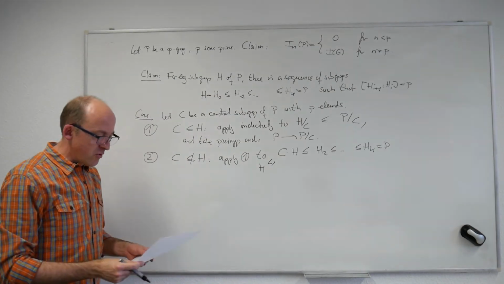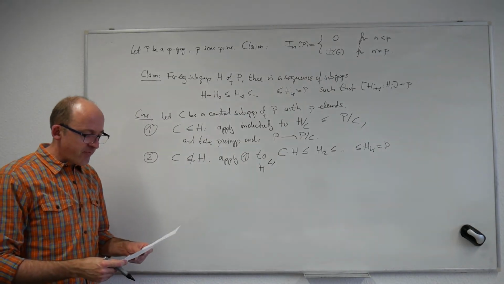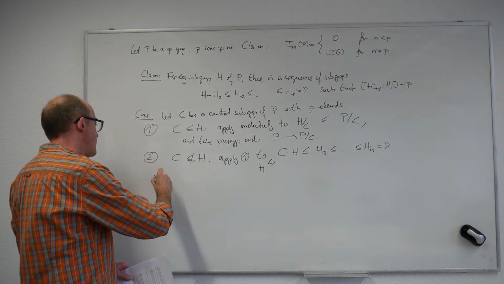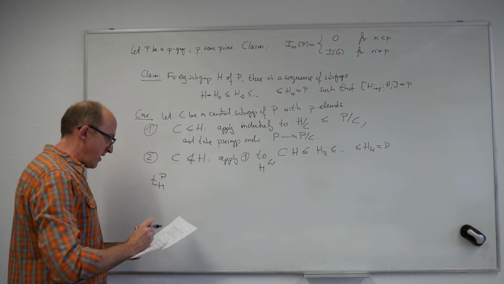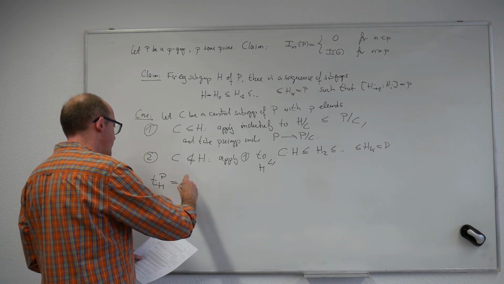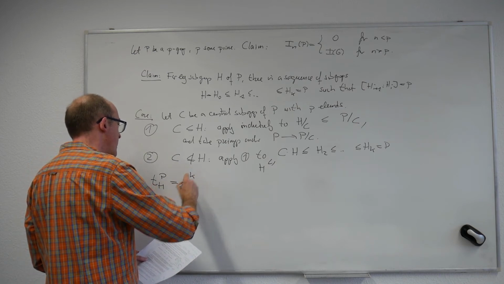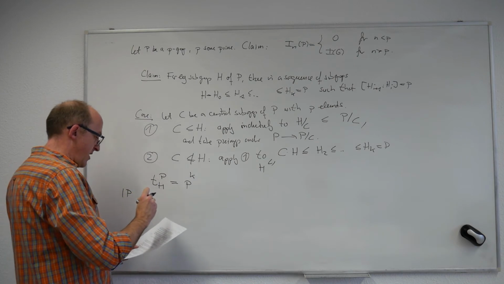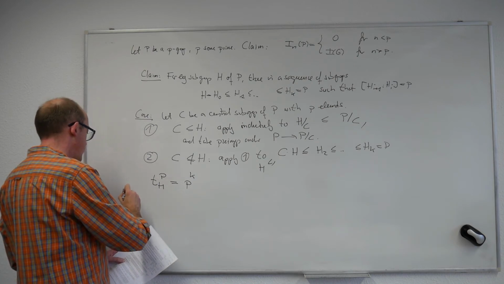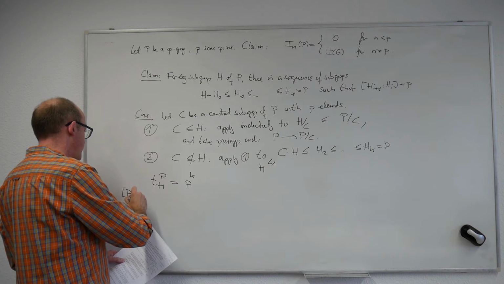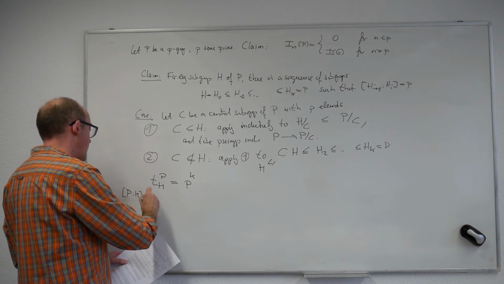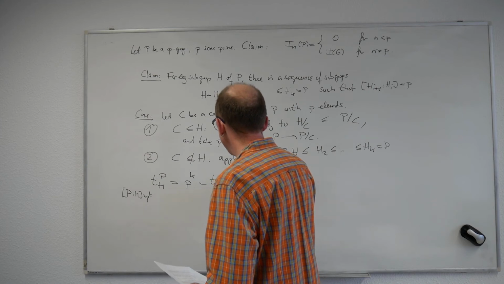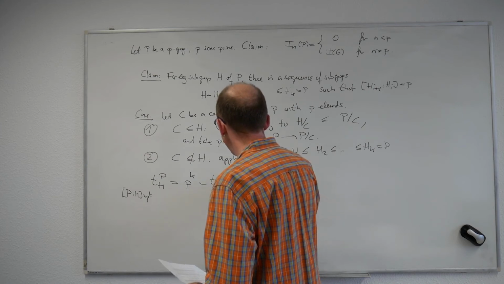So this was the proof of the subclaim, and now we make a calculation. Now I look at the element T, H, P, and I expand the definition. The definition was that this is P to the K, where this is the order of the index of P in H. So the index of P in H is P to the K, minus the transfer from H to P of 1.